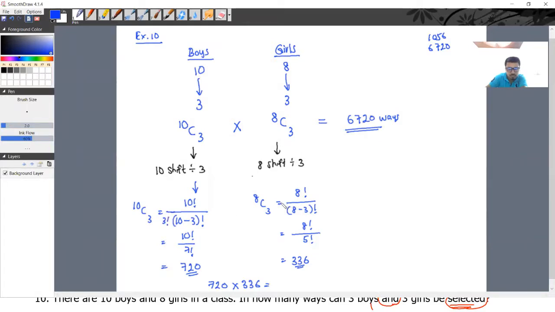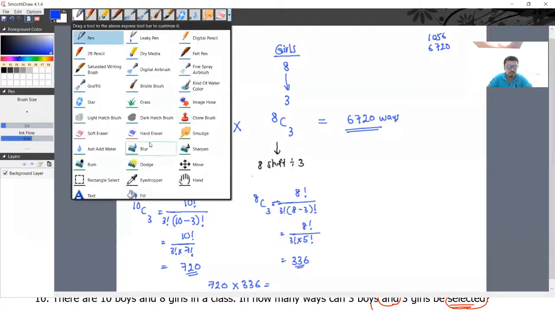Here also it should be 3 factorial into 7 factorial. Here also it should be 3 factorial into 5 factorial.